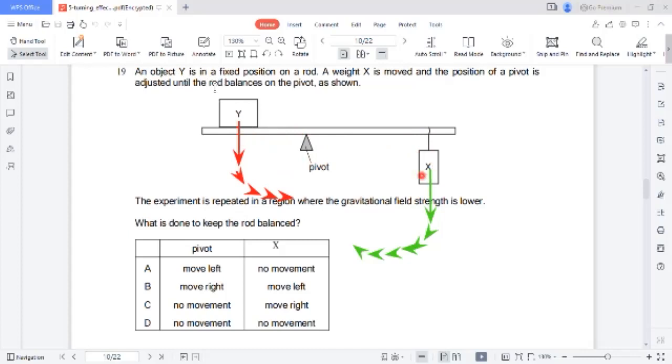In order to compensate the difference of mass as compared to Y, you need to increase the distance. Like movement is force, or weight, into perpendicular distance. Right now we are talking about distance and weight. So for the case of X, its weight is small, so its distance from the pivot should be large.